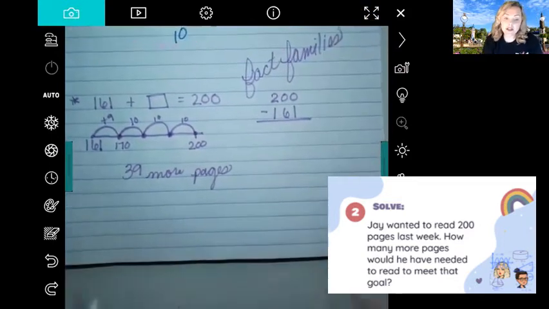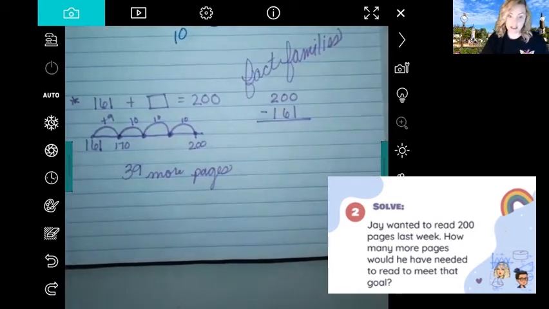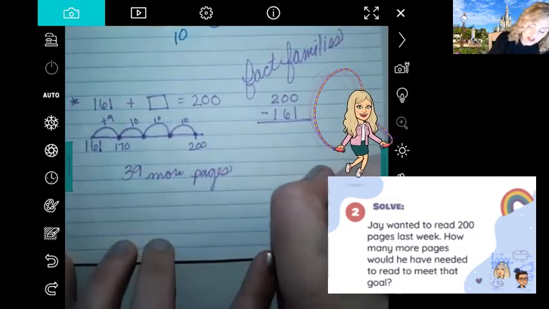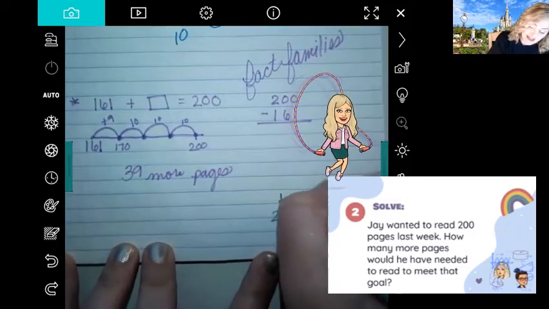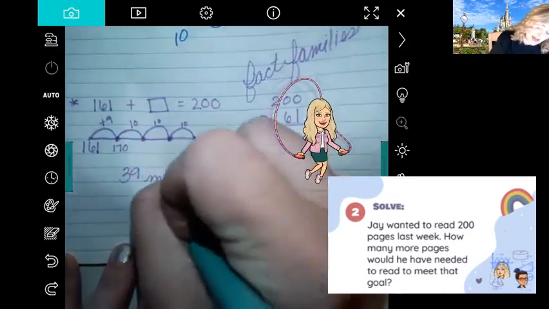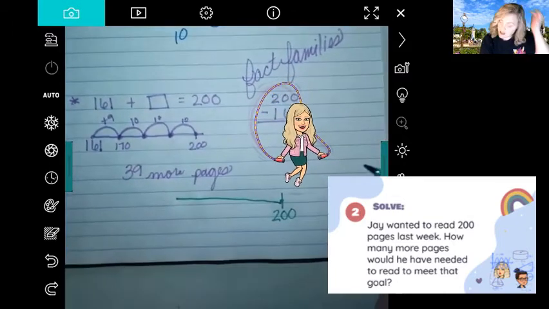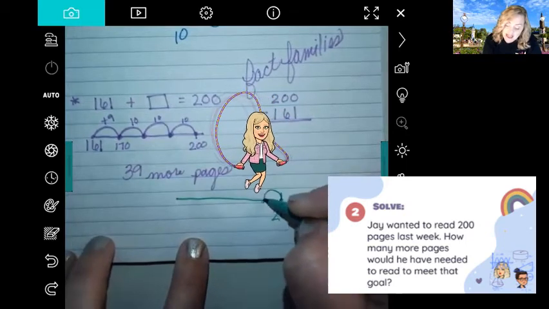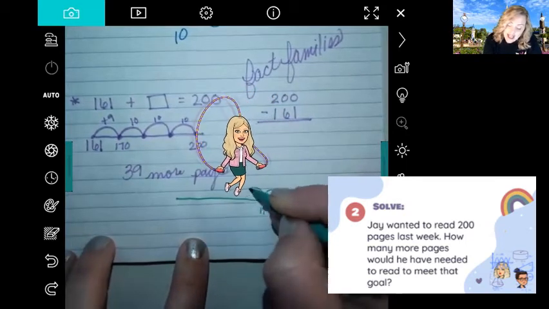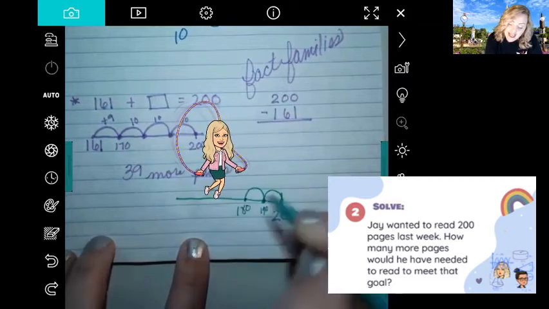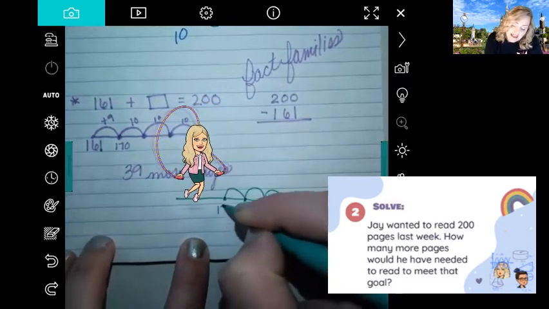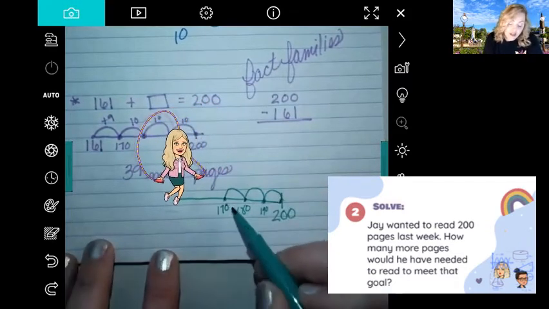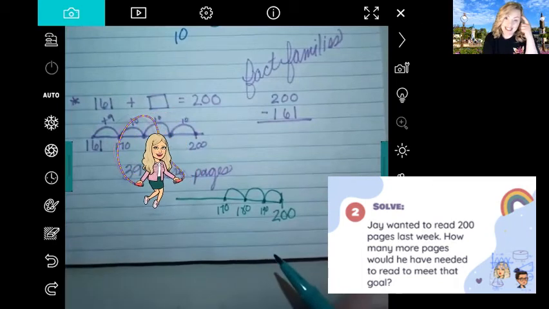So I can also do a number line going backwards. So I'm going to switch colors here, and we're going to start at 200 and go backwards to 161. So I'm at 200, and I need to go backwards on my number line to get to 161. So the first thing I'm going to do is I'm just going to jump backwards by 10 and get 190, 10 more and get 180, 10 more and get 170, and then I could go back 10 more and think about 160.